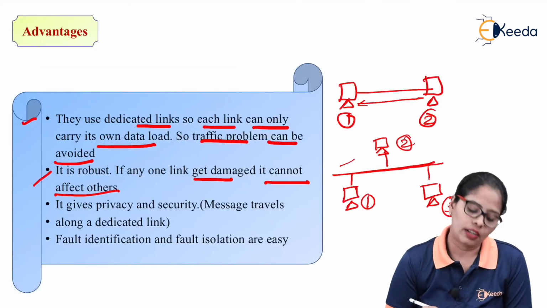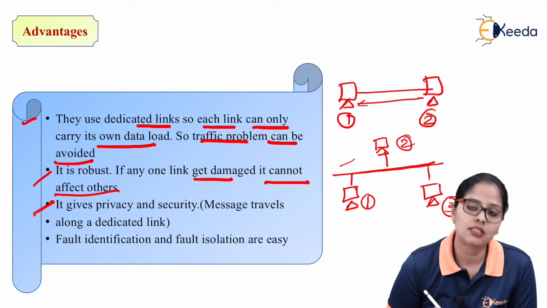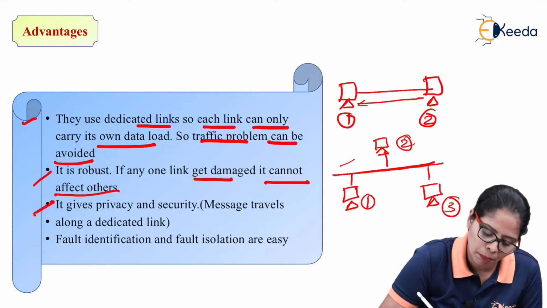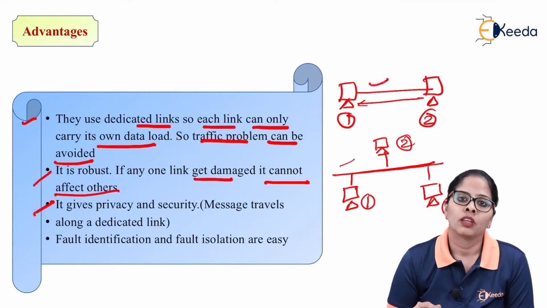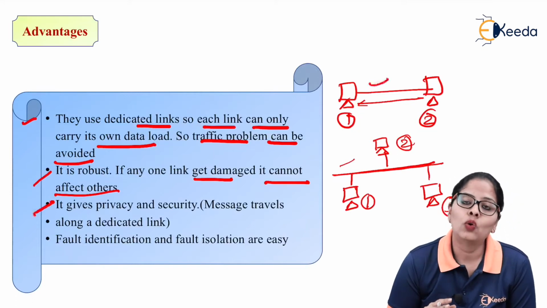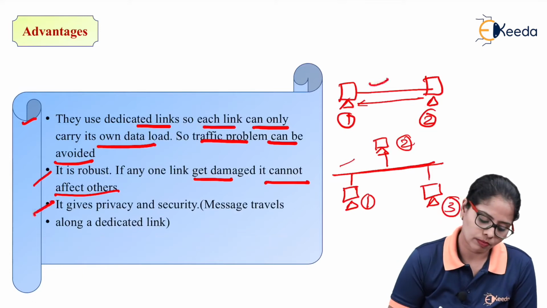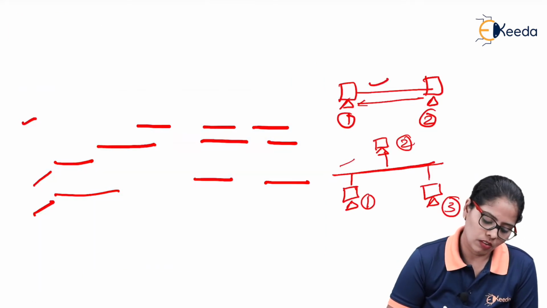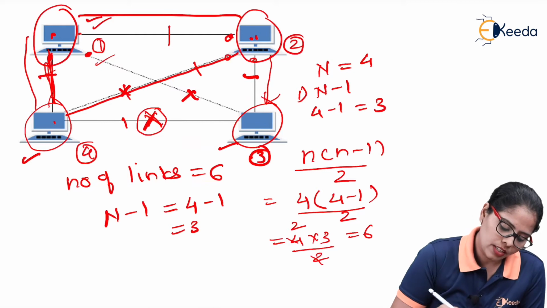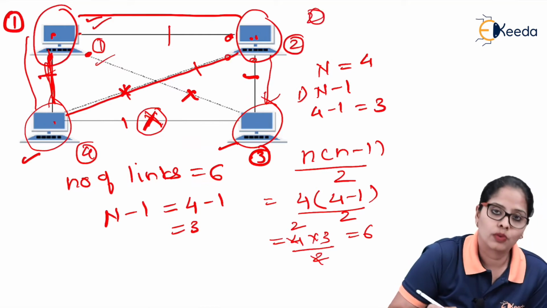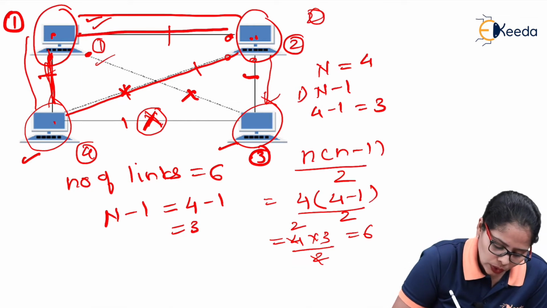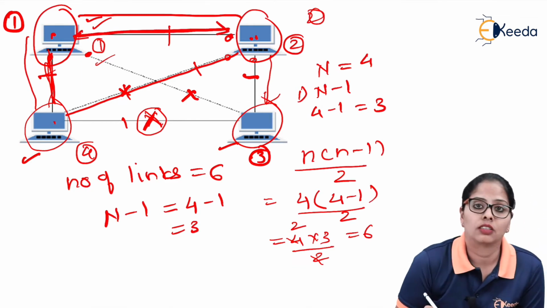Now the next advantage is privacy and security. As you know, in the point to point link over here, only the traffic related to 1 and 2, only they know what they are sending. If there is a communication between 1 and 2, only they know what they are sending to each other.